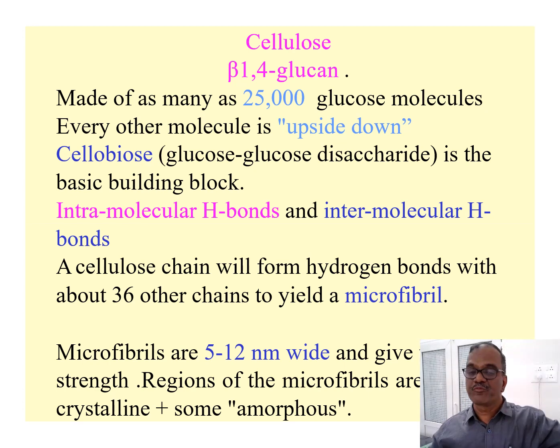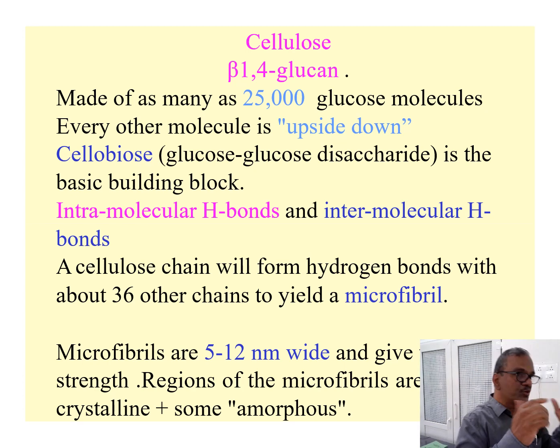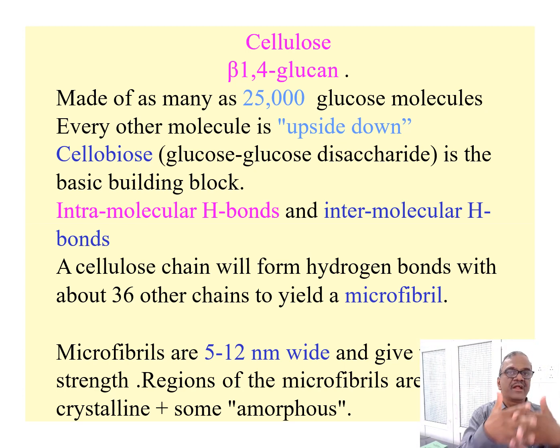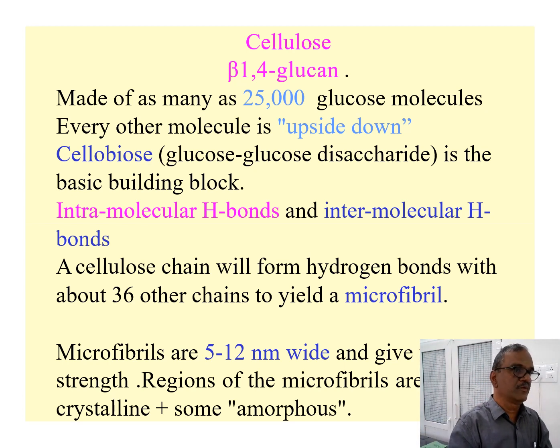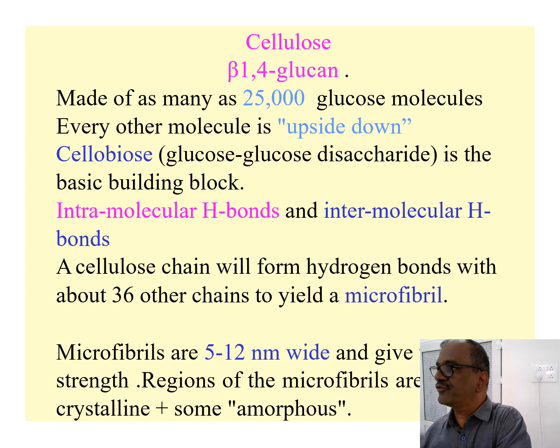So it is upside down. So one glucose and another glucose are joined together in the reverse orientation. That portion we call cellobiose. One glucose with another glucose attachment is called cellobiose.